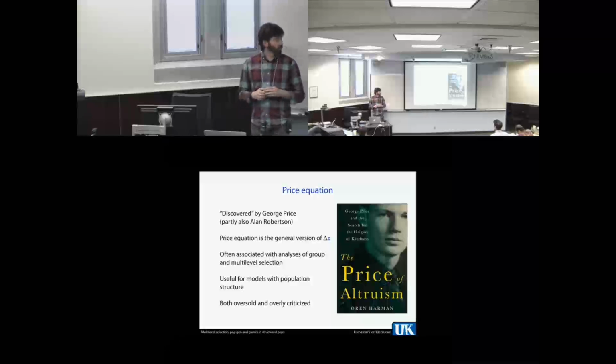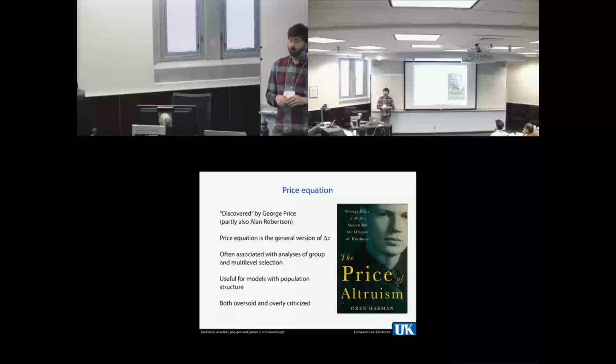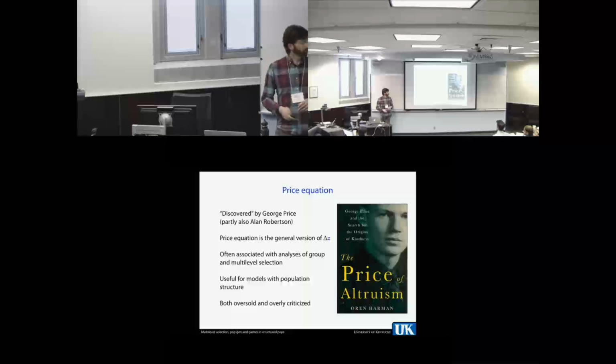For whatever reason, it's an equation that's both oversold by some people who are huge fans of it, as well as highly criticized by others, so I won't talk about either of those features today. But I do think it's somewhat useful for looking at structure, and it'll come up in a couple of different places, even in the second half when we start talking about fixation probabilities, coalescence times, and more population genetic ways to attack the problem.